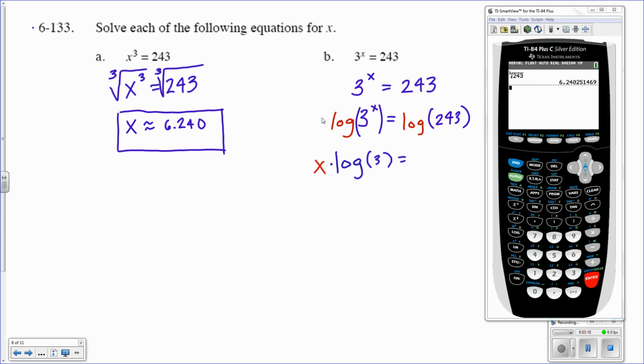That right there is the power property of logarithms. Maybe we'll just list that on here. So that's what caused our x to move out in front. And now we've got that still equals the log of 243.